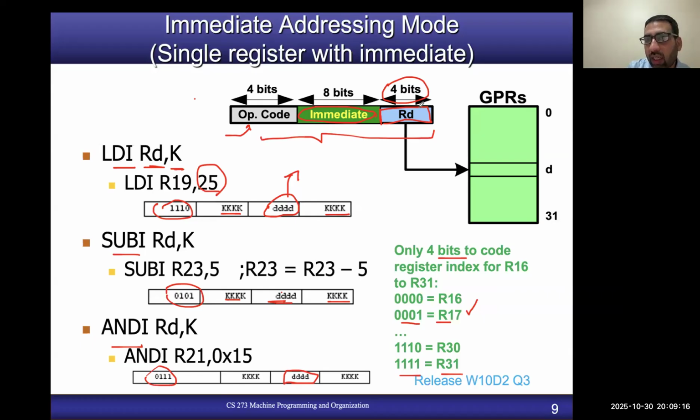Although we are saying that 4 bits will be used for specifying the register, the location of those 4 bits within the code of the instruction is not shown here. Here it looks like they are the least significant 4 bits, but actually they are not. They are the bits from bit index 4 to bit index 7, right? Again, if you see here, bit index 4 to bit index 7.